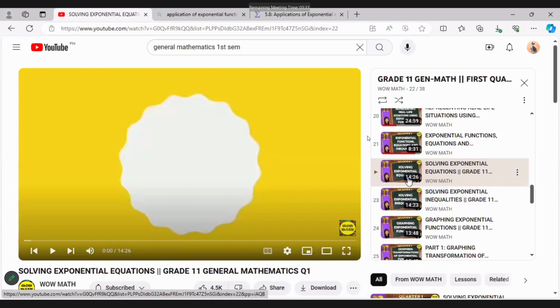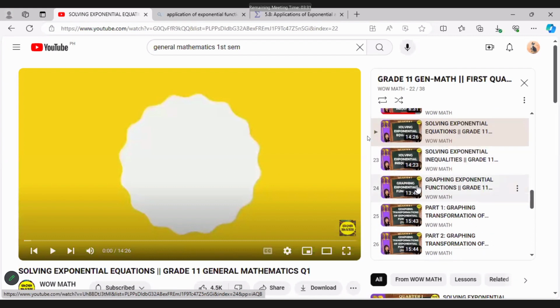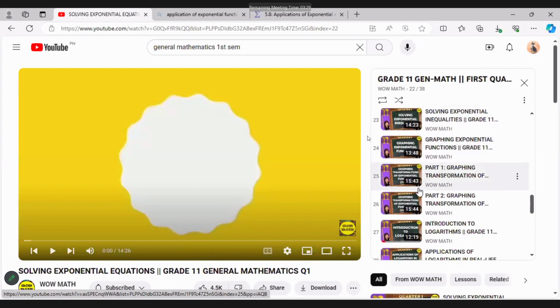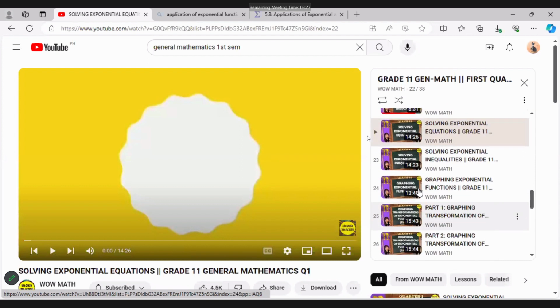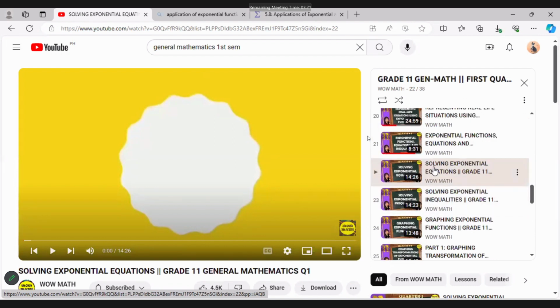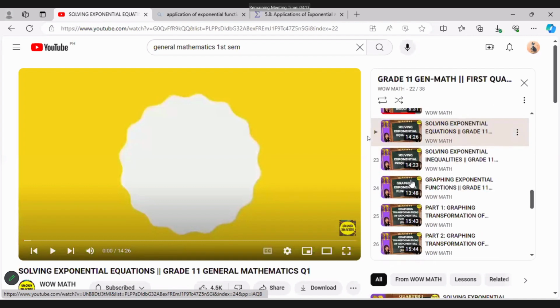You study this in advance, like solving exponential functions. We will not solve exponential equations because we cannot use them in basic calculus. We cannot find the limit if it is not a function, right? So, one of my videos is just about how we solve exponential functions. Again, we cannot find the limit if it is not a function.